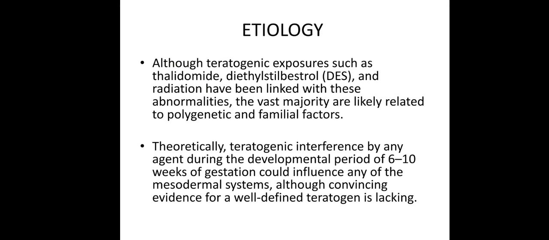Now, what can the etiology be? Largely, the vast majority is due to polygenetic and familial factors. But one substance that has been known to cause Mullerian anomalies is DES, or diethylstilbestrol, which was used in the 1950s and 60s. It is a synthetic estrogen which used to be given to women to prevent preterm labor or threatened abortion.